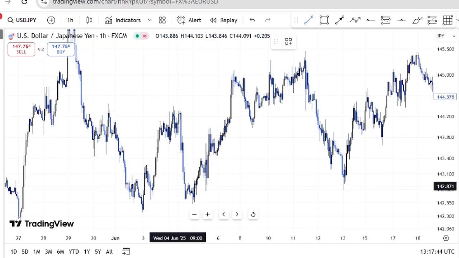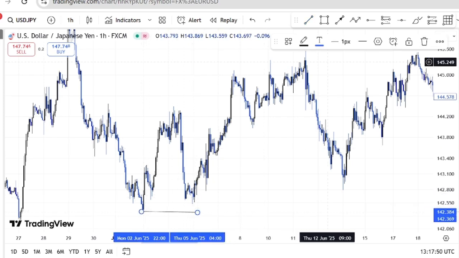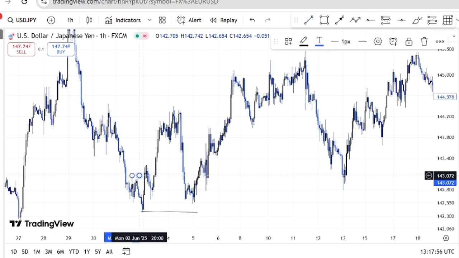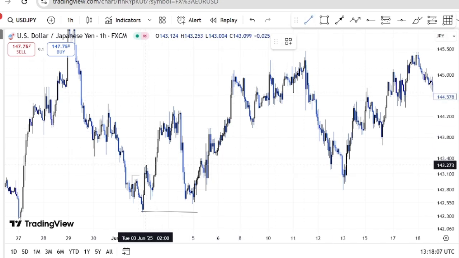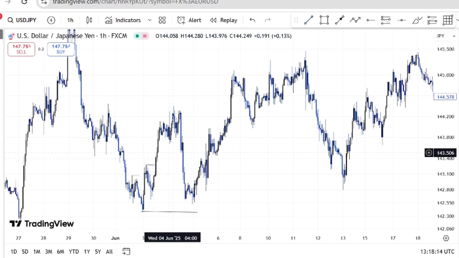So this was the last low we had, at this point. This was the last high we had at this point. Looking at this high, the market was pushed up, which gave us a change of character at this point, followed by a break of structure at this point, which tells you that the market is passing to the upside.